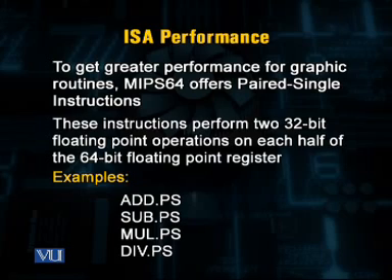Paired single word is one which includes two 32-bit data values which are going to be handled by a 64-bit ALU as a pair of two 32-bit values. Similarly, sub.ps means subtract, mul.ps means multiply, or div.ps means divide.